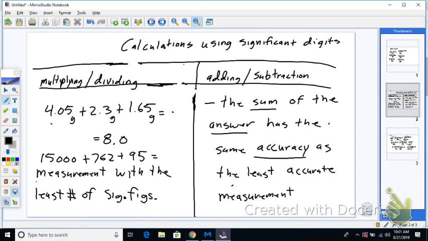So, of those 3, which one's least accurate? None of them? What's that? None of them? Okay, so this one goes to the 1 spot. This one goes to the 1 spot. What does this one go to? The 1,000 spot, right? Because these are rounded. Okay? So, what's the answer for that one?